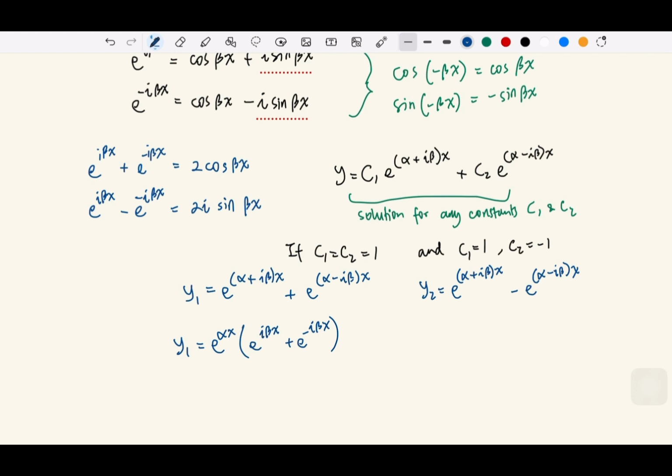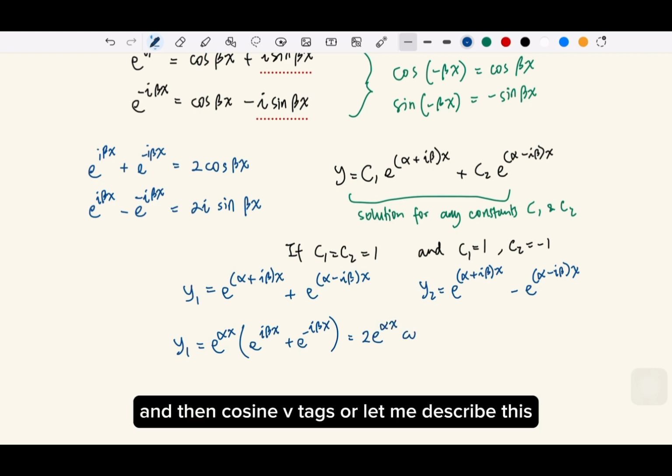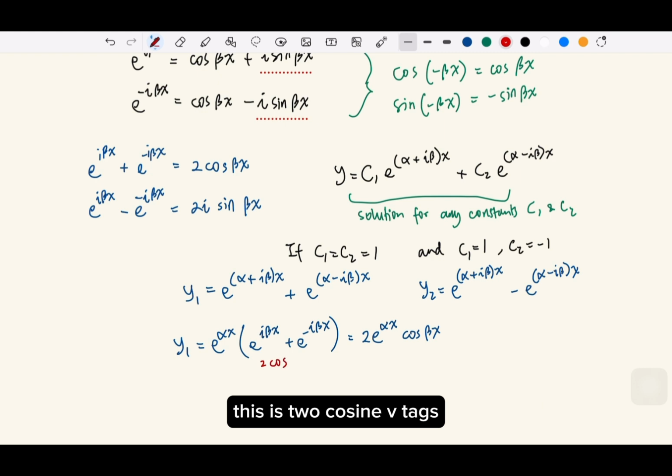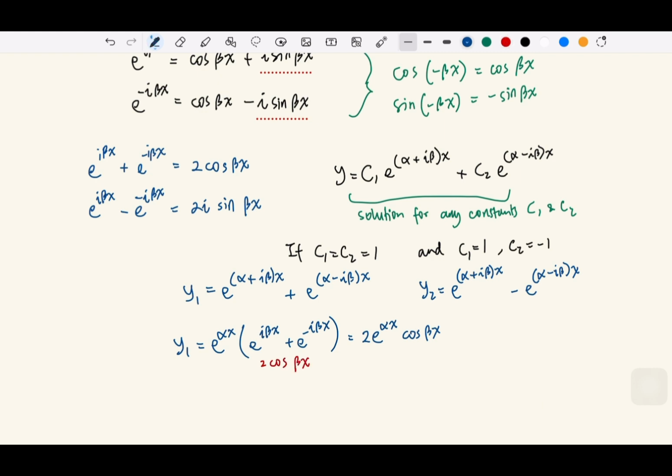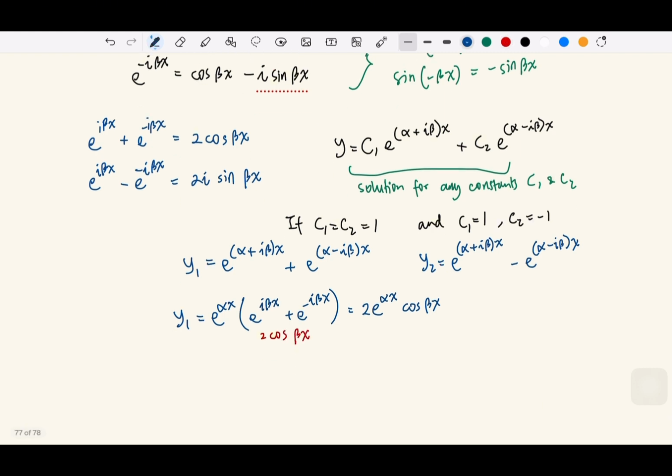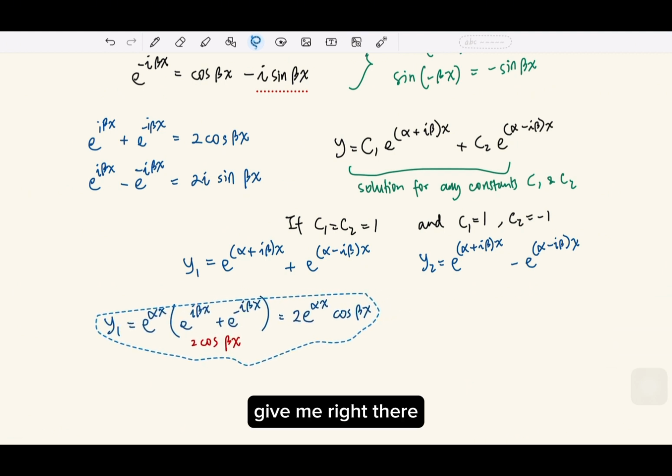So this will be 2 e to the alpha x cosine beta x.